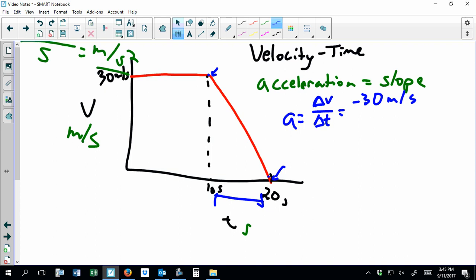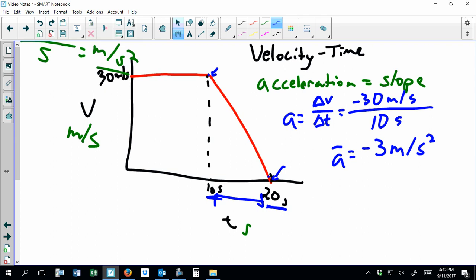I change it in the negative direction, 30 meters per second. And that takes us a total of 10 seconds, which means my average acceleration is going to be -3 meters per second squared. So I just took the slope. I took the final y value minus the initial y value, divided by the final x value minus the initial x value.